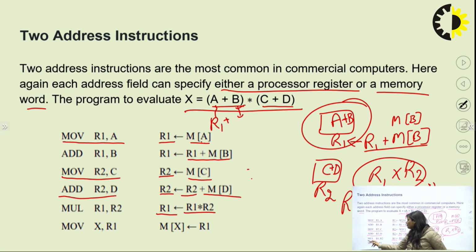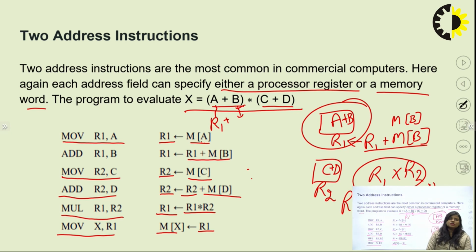This is MUL R1, R2. Now in R1 we have the complete answer of A plus B multiplied by C plus D, and we have to take it into a memory location. So we use MX. MX is a temporary memory location, and we move the data of R1 into memory location X. So this was the basic and full content of 2 address instruction with a good example.